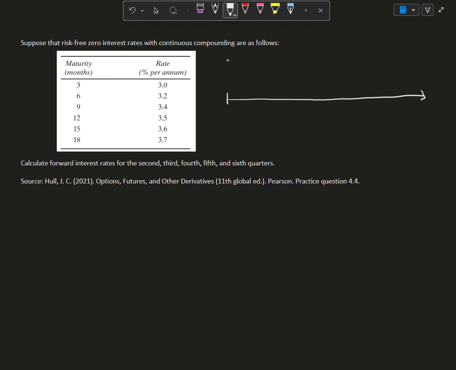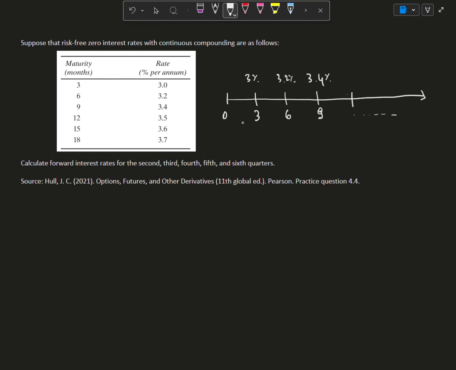And the key idea here is to understand that we have one 3-month rate, which is 3%, a 6-month rate, which is 3.2%, and a 9-month rate at 3.4%, and so on and so forth.